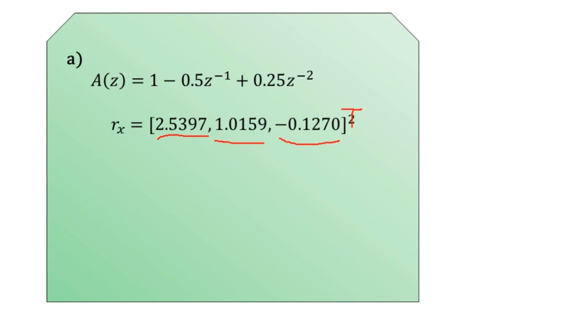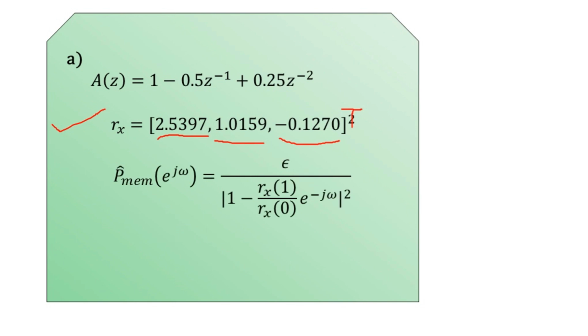So, with the autocorrelation sequence obtained, the first order maximum entropy method spectrum can be expressed here. The general way of representing the first order maximum entropy method power spectral density estimate is this.